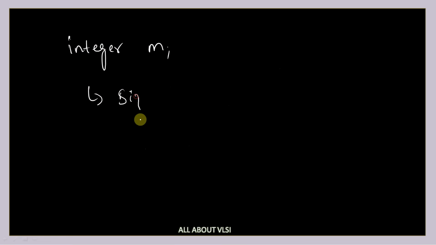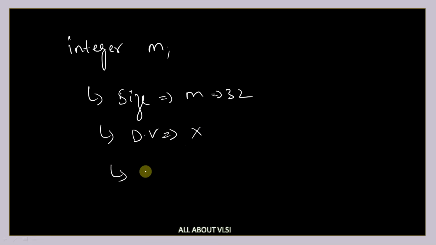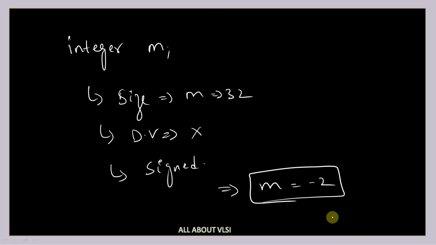Size of m is 32, default value will be don't care, and it is a signed data type. Let's say if you are trying to store m is equal to -2, if you print this, you will directly get -2 only. There will be no 2's complement performed on this number. This is nothing but your integer data type.